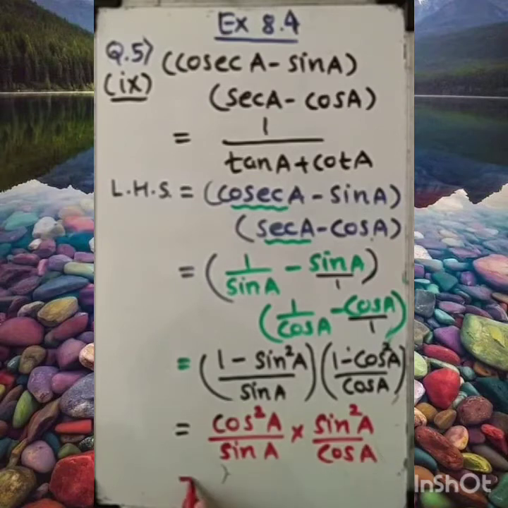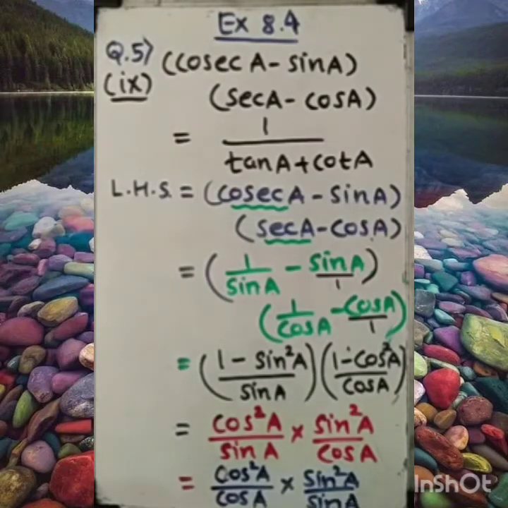Dear student, you can see in the next step you can cancel directly also, but here I do not allow you to do so. As usual, I ask you to mention individually: you need to write cos square A upon sin A into sin square A upon cos A. Now you can see square here and one time here, so one time it will be cancelled.